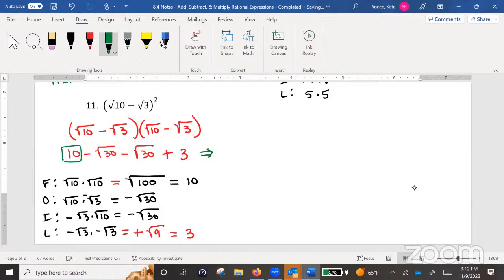Okay, so a 10 and a plus 3, right? 13. What about here? This one's that tricky one I mentioned at the very beginning. People get this wrong all the time. Minus 2. Yes. It's not square root of 60, right? We do not add inside.